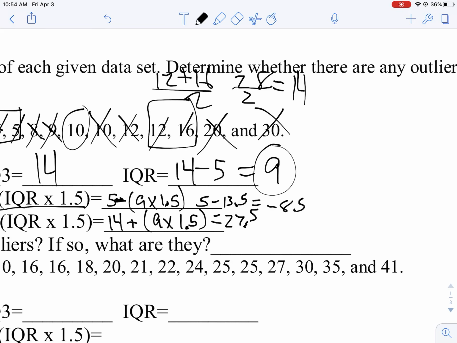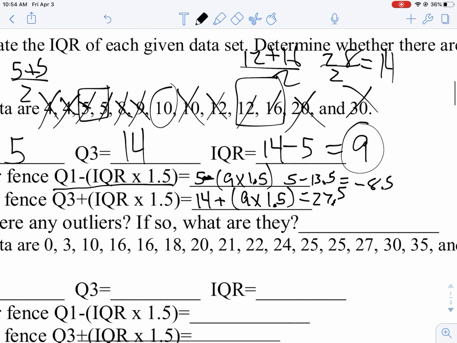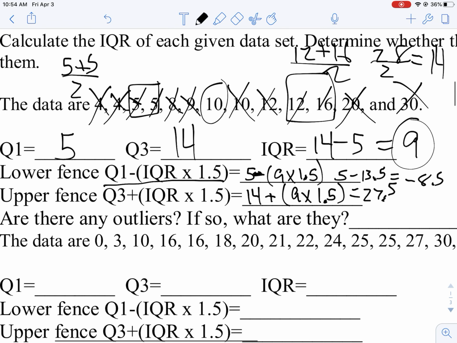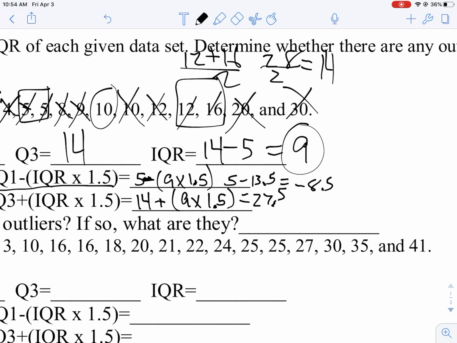So this means the upper fence is 27.5. So what that means is that anything above 27.5, I throw out. Is there anything above 27.5? Well, yes, there is. There's that 30. So if it asks, what's my outlier?